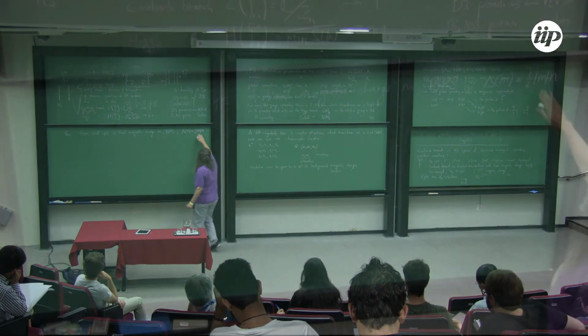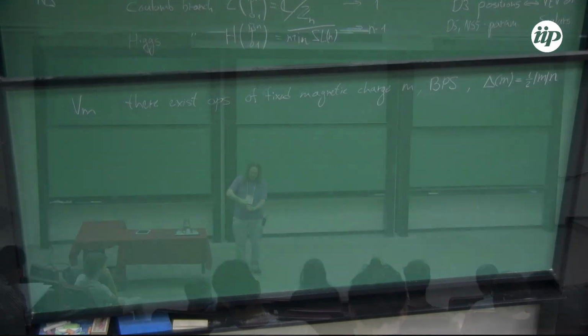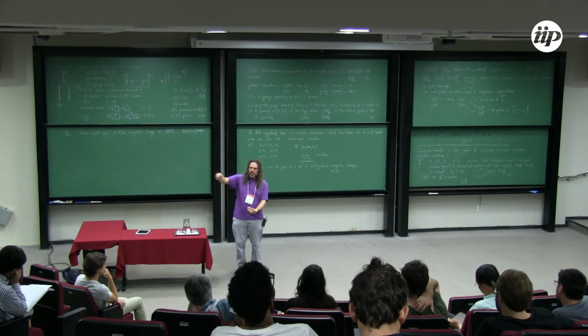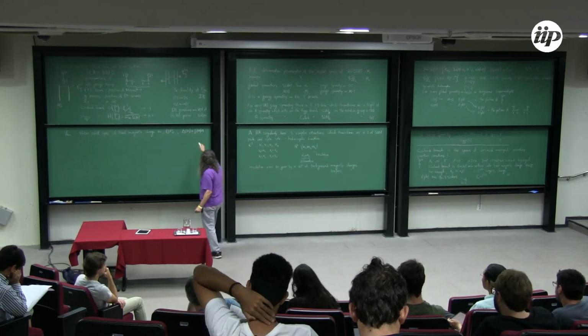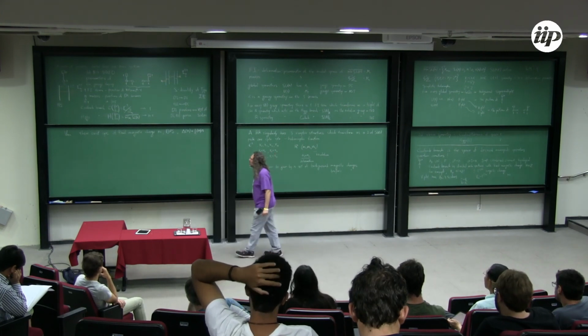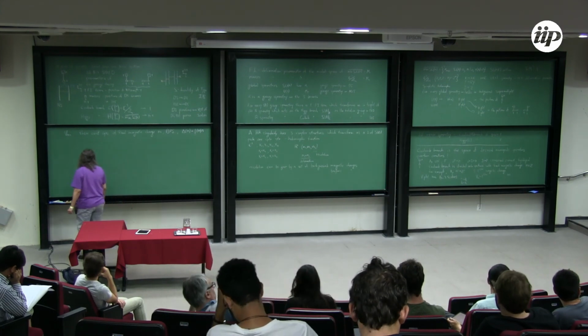The energy is also proportional to the magnetic charge. So the more distance I get from the sector with zero magnetic charge, I'll have a linear growth. And this 1/2 here is the basic unit of the representation of SU(2).